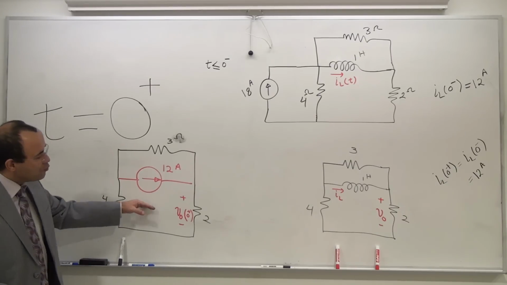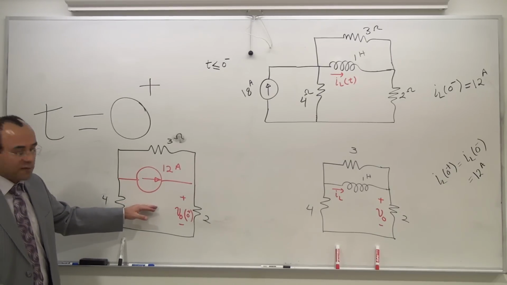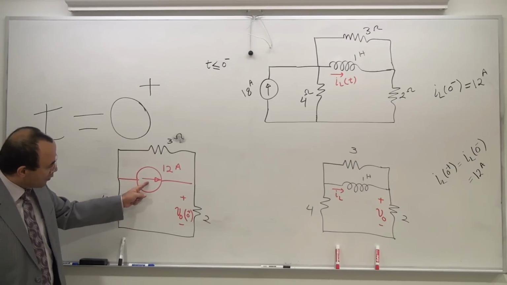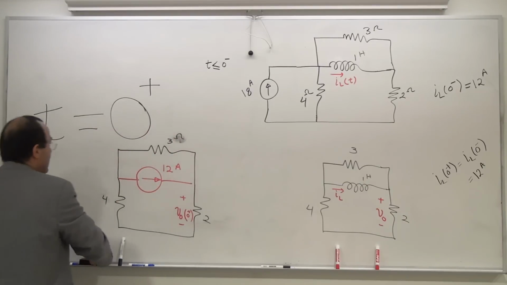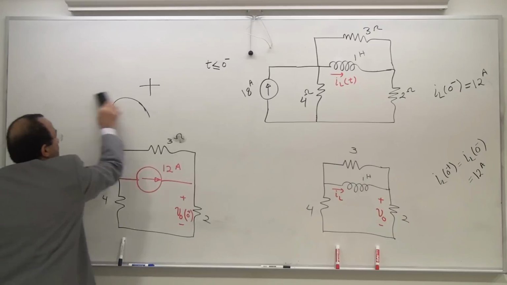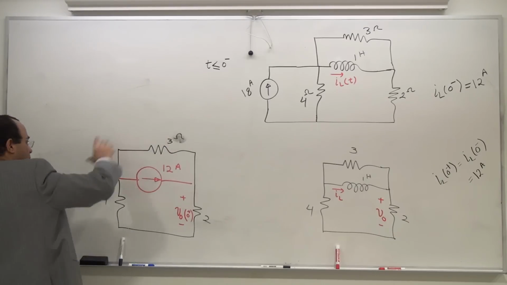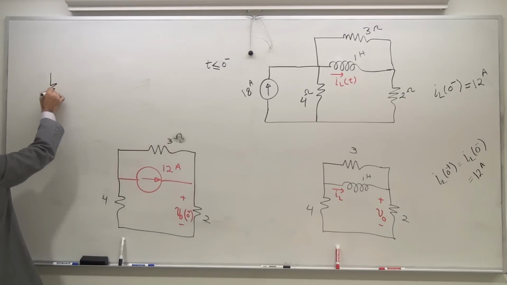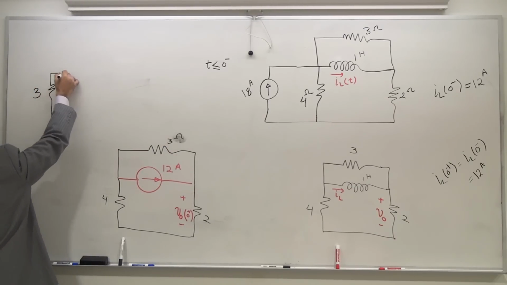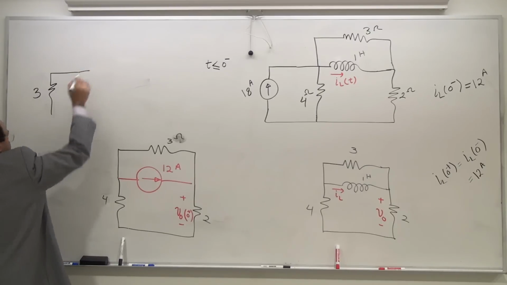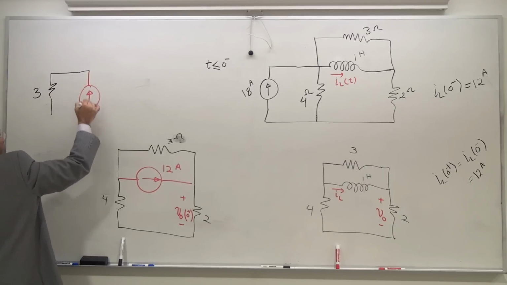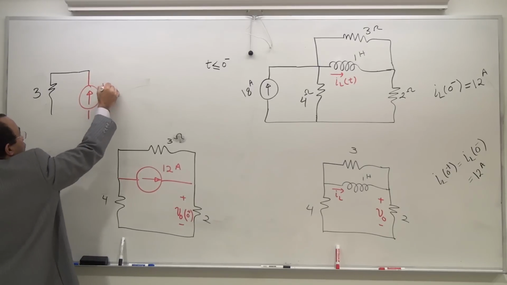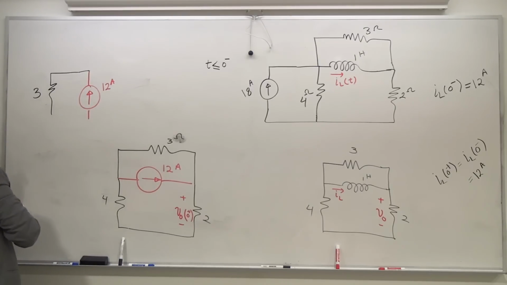But I can also use my current division principle once again. Take a look at this current source. I want you to take this entirely and rotate 90 degrees. See what happens. Rotate this 90 degrees. That's going to be 3 ohm on one end. Then, just for the sake of seeing this properly, I'm going to go ahead and draw this current source.